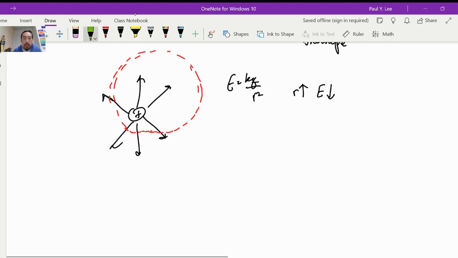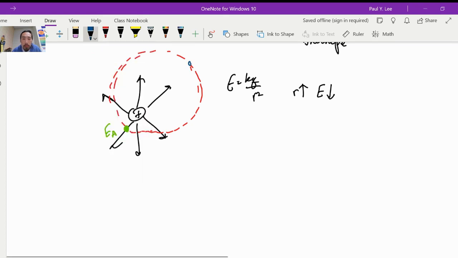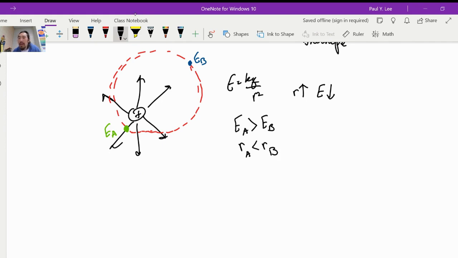So at this E field, let's call this EA, and let's call this point over here EB, we can say that EA is a lot stronger than EB because the radius for A is less than the radius for B. So in this case, this is a very bad Gaussian surface, by the way, because we did not make the E field constant throughout.